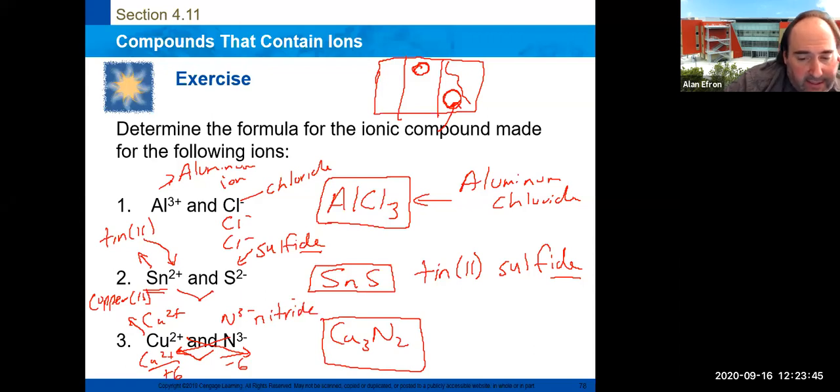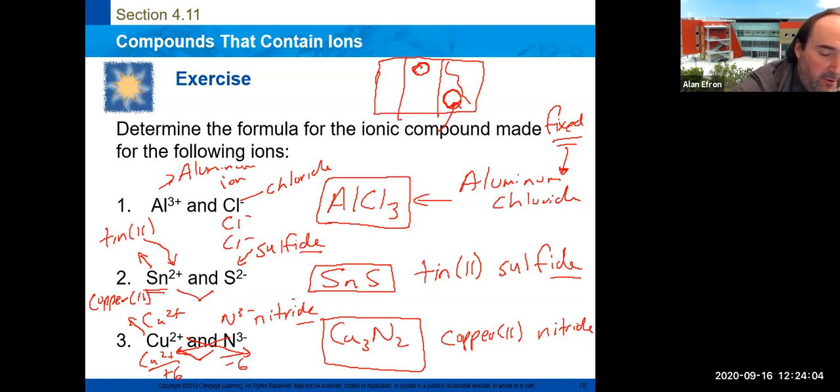This would then be known as copper Roman numeral 2 nitride. Again, we did not need a Roman numeral on this guy because he has a fixed charge. He's group number 3. He's always going to be +3 no matter what the situation is. So you don't need the Roman numeral on that.